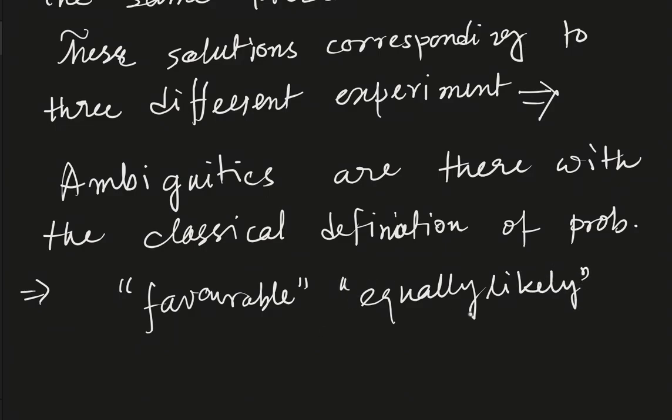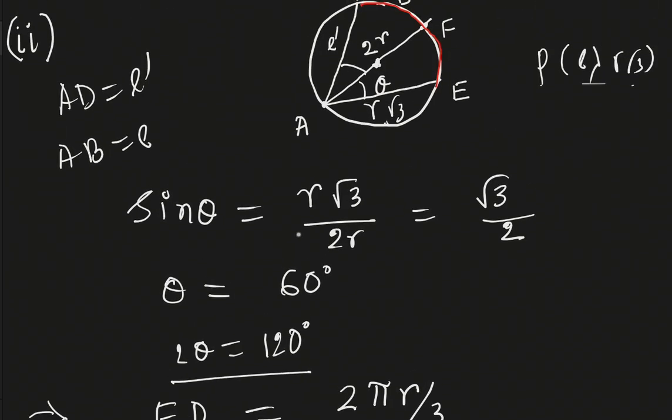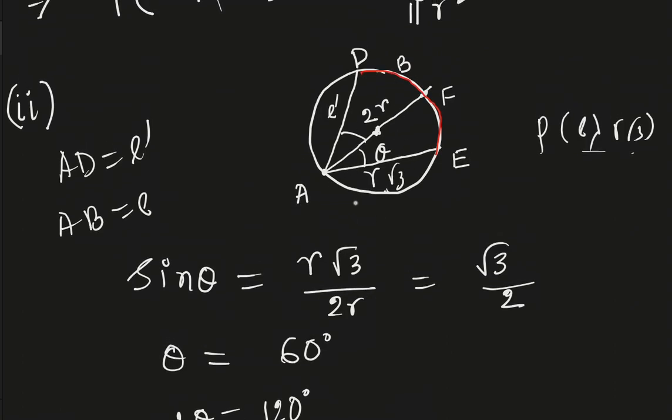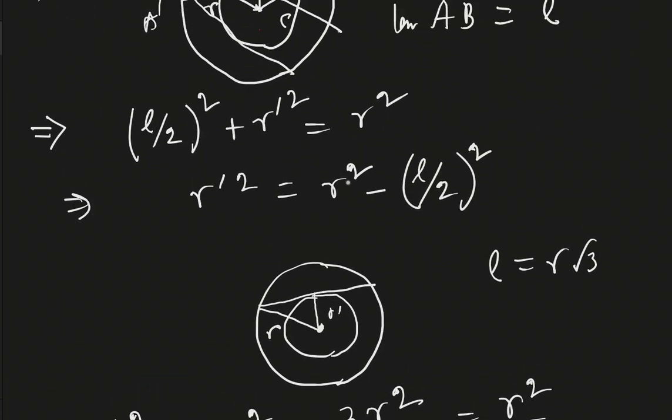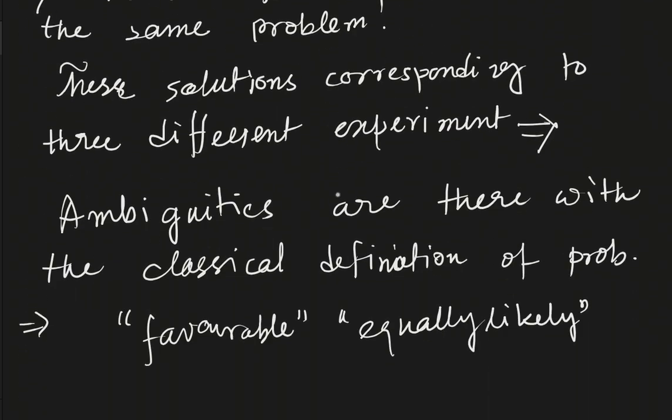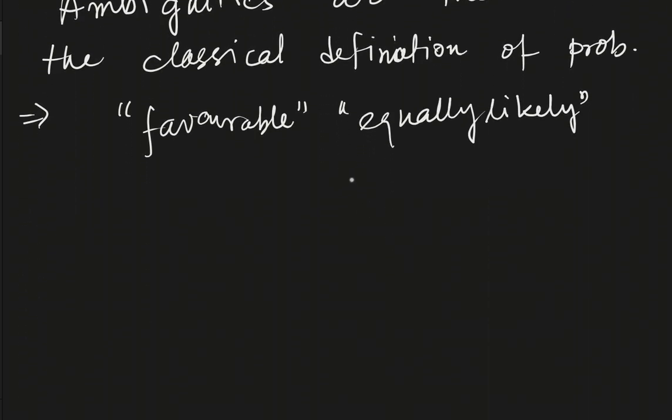These words are problematic. In the three above examples, the favorable things are different, so that's why we are getting three different kinds of probability. That is the main ambiguity with the classical definition of the probability.